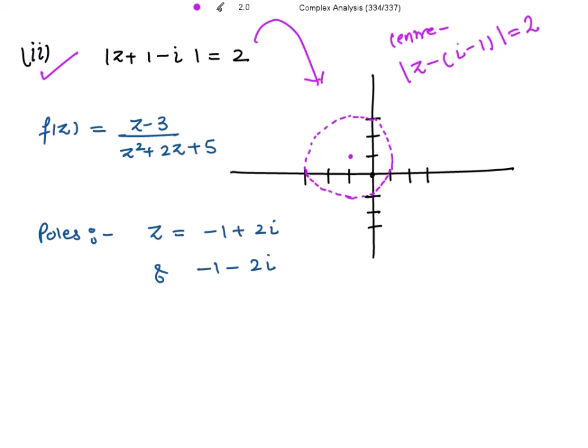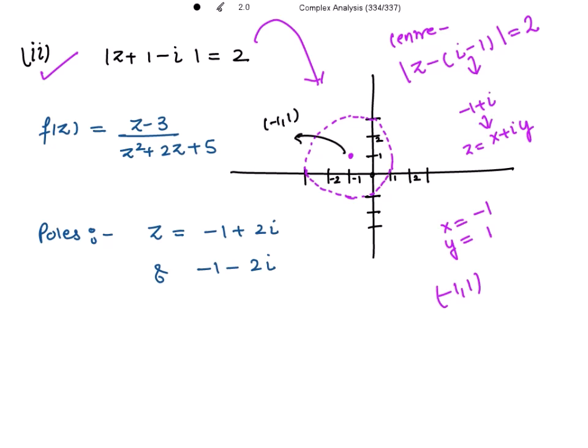I can write this circle as this. So we have this to be the center, that is minus 1 plus iota. So from here we get the real part to be minus 1 and the imaginary part to be 1. So this is the center, the point minus 1, 1.